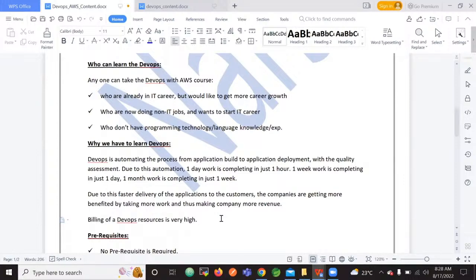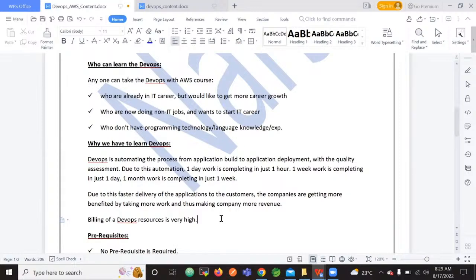DevOps, in the sense DevOps with cloud, one cloud I mean to say. Compulsory. DevOps meaning without cloud there is no meaning for DevOps. DevOps meaning including cloud only. One cloud mandatory.